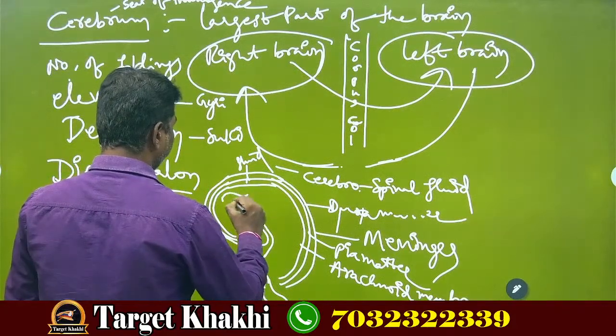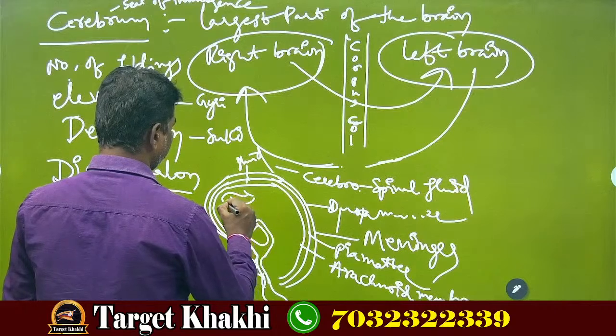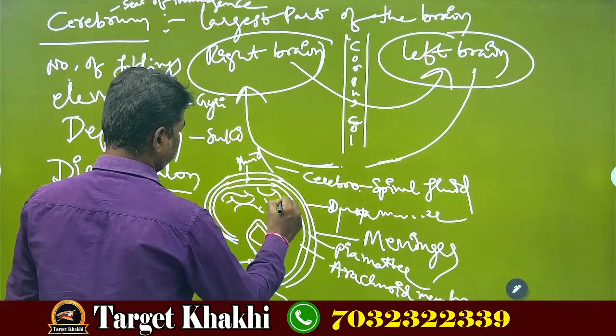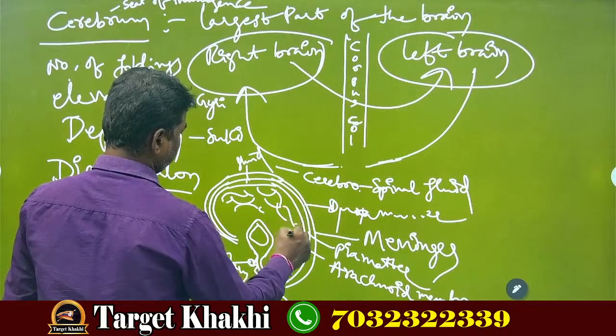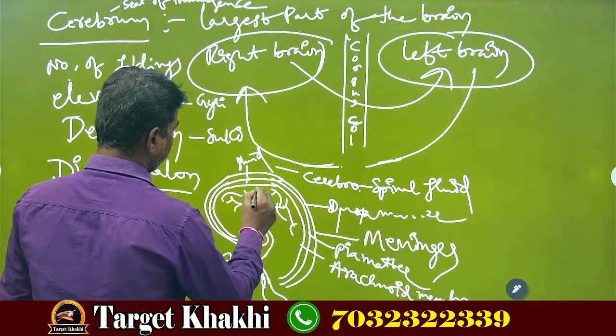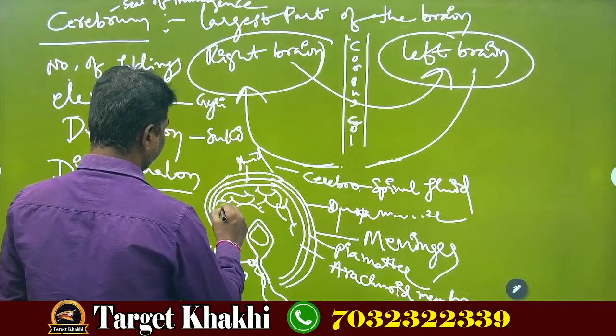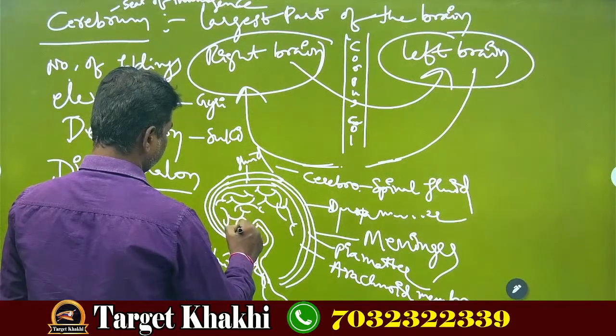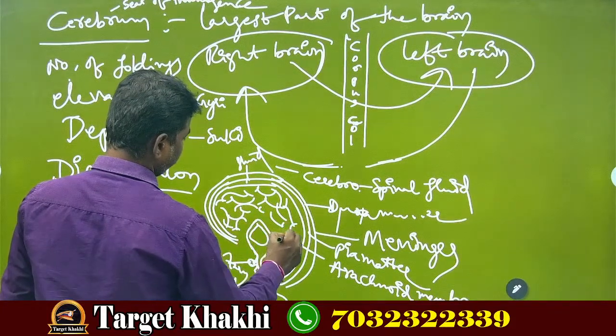And in the brain, you know, like this. A number of neurons are present like this.